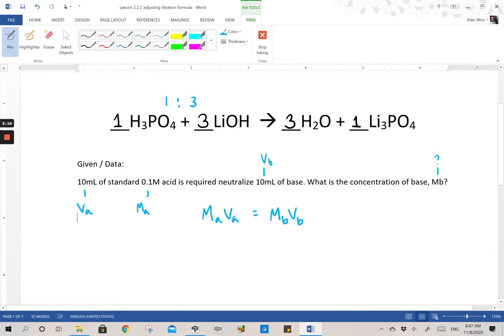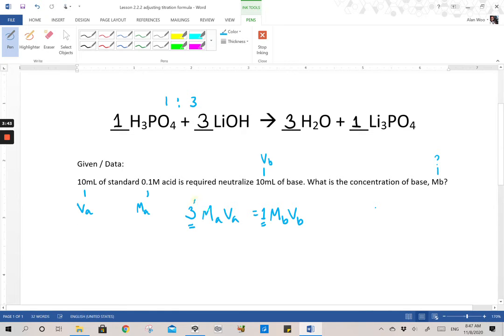Because we want to make it equal, since we have 3 moles of base, the acid side has to balance. So we actually put the 3 on the acid side, and the 1 goes on the base side.